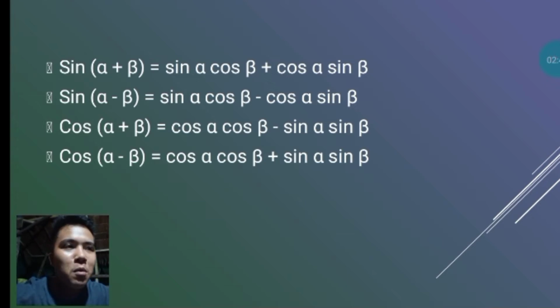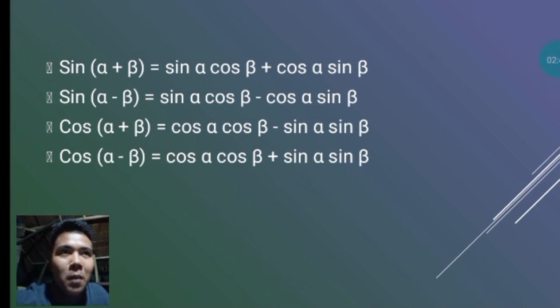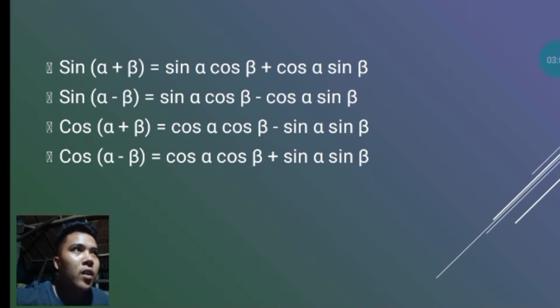But always remember, when the number is big, you're going to add. You're going to add to a specific number, just for example, 105, so you add 60 and 45.